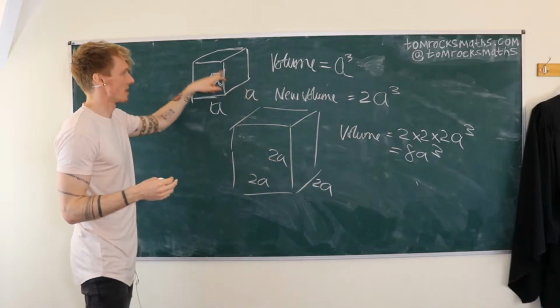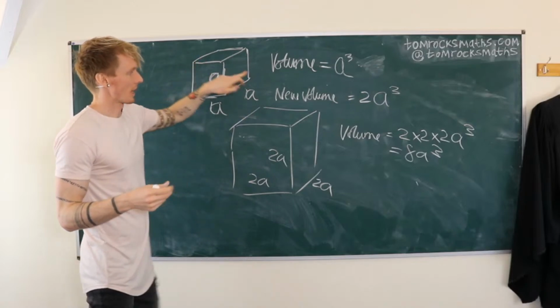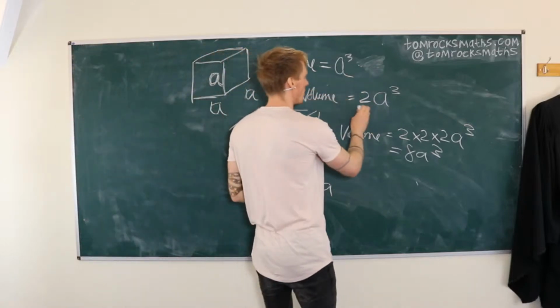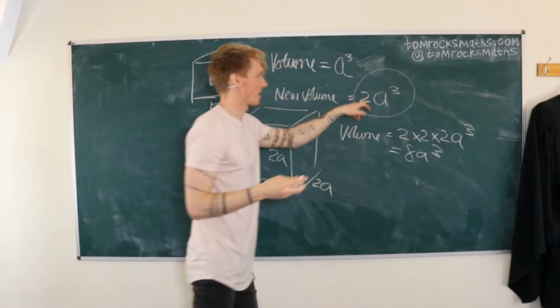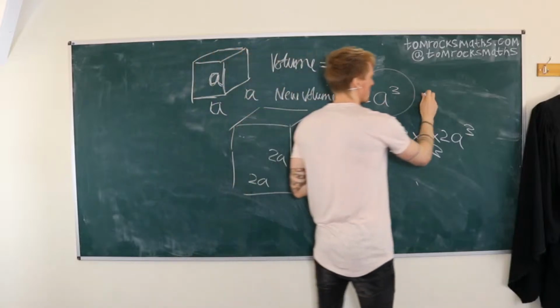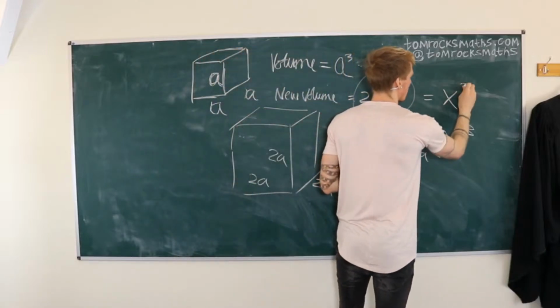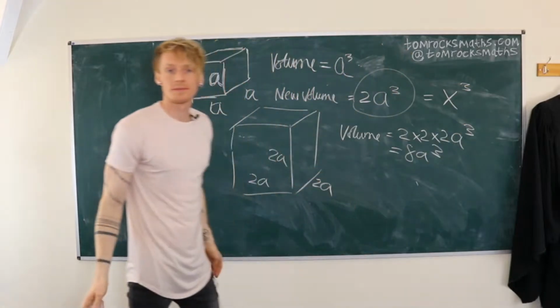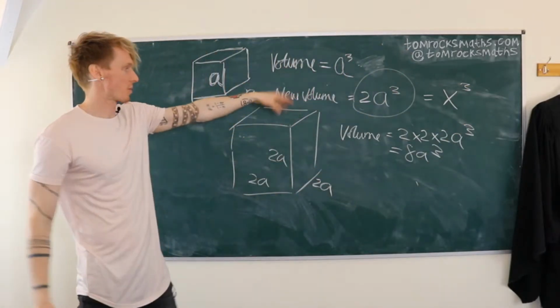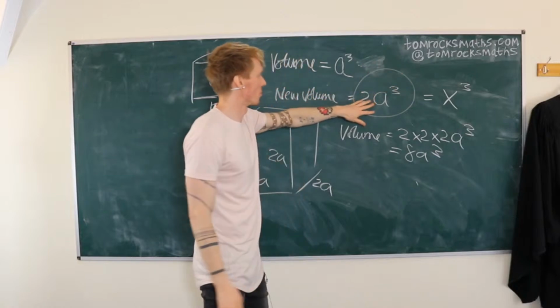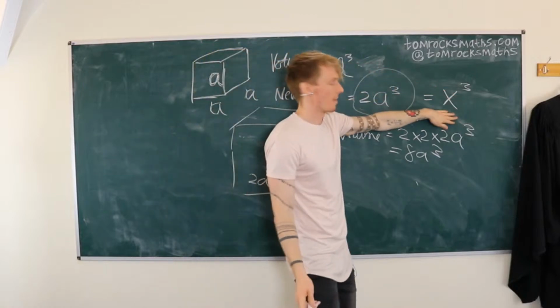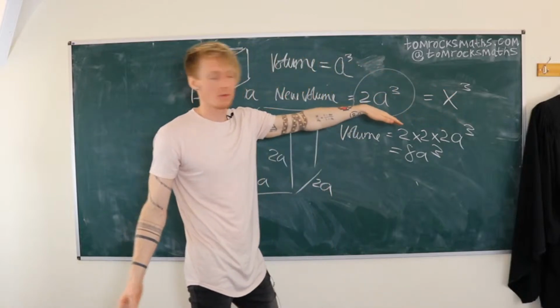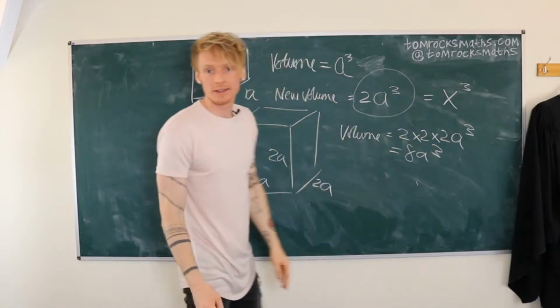So what that's going to mean back here is our new volume, 2a cubed, has to be equal to the new side length x cubed. No matter what x is, this is our new volume in terms of the old one, but it has to satisfy the volume of a cube, which is just 3 lots of the side length.